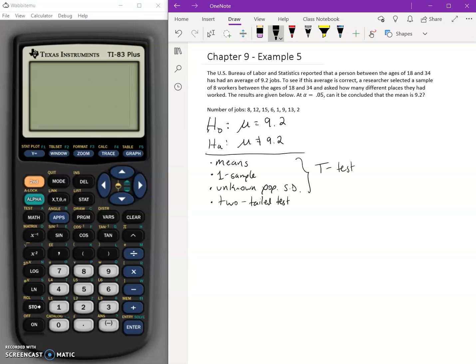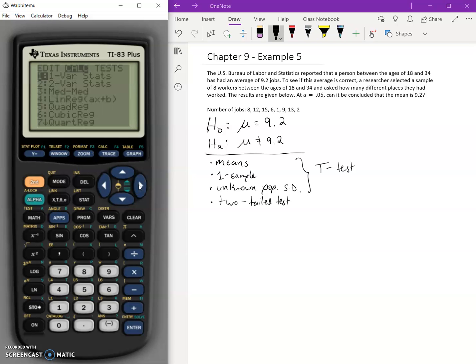Now if we go over to our calculator, we turn it on and go over to stat. We go over to the tests area and down to the t-test and press enter. When we have our input, we have the choice of either entering data or entering stats.